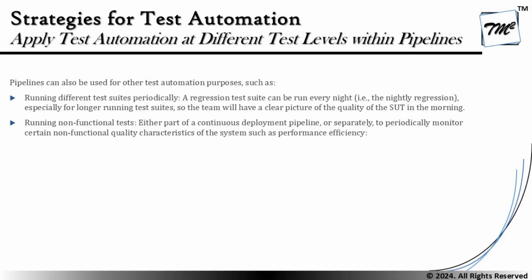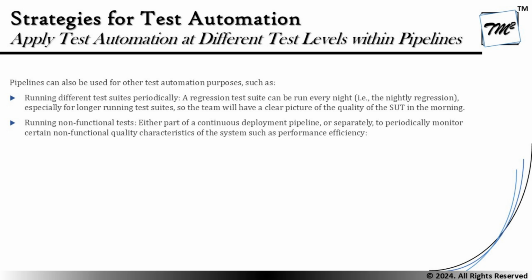And the second option we have is running non-functional tests. We should not forget that non-functional testing also plays a very vital role in testing a system's stability. So when we talk about non-functional tests, they run either as part of a continuous deployment pipeline or sometimes separately, to periodically monitor certain non-functional quality characteristics of the system, such as performance efficiency.